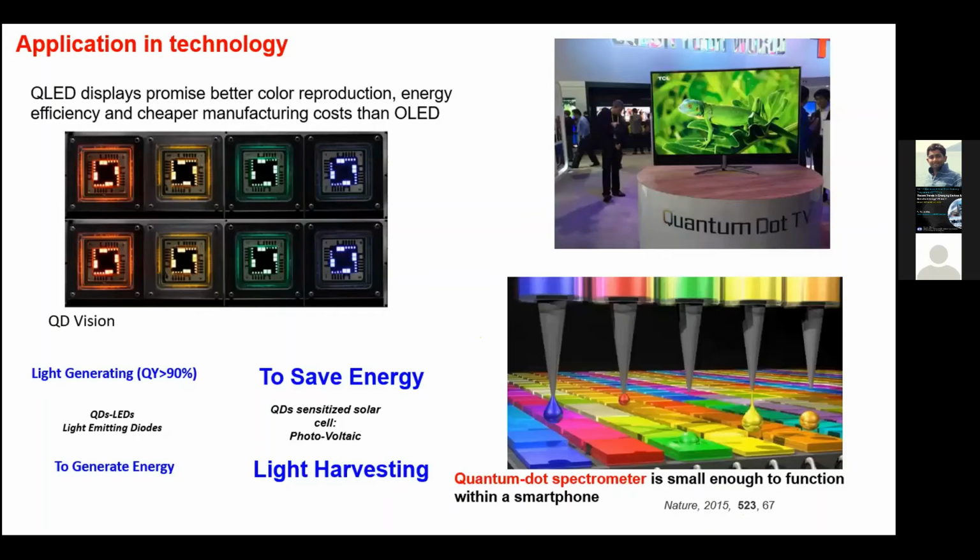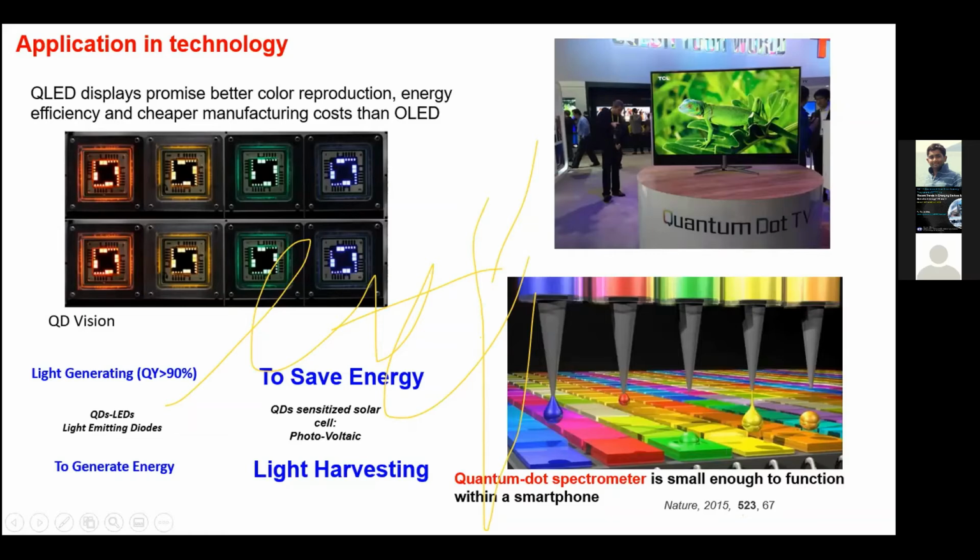These are very recent examples. And as I told, these are the quantum dot display in the LED, the quantum dot TV. Recently, one of the groups at MIT made a spectrophotometer of the quantum dots. It's very small, about the size of your mobile phone.